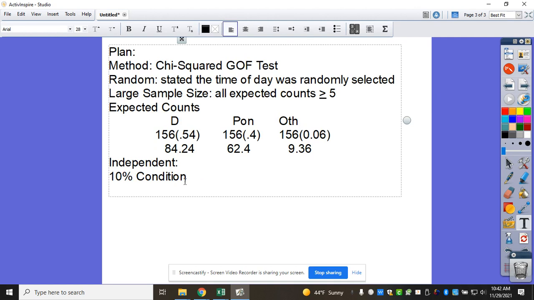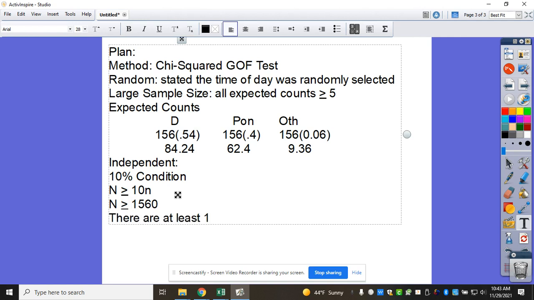So I'm doing the 10% condition. My N is 156. So 156 times 10 is, and I would need to say, assuming, or there are, and then what?